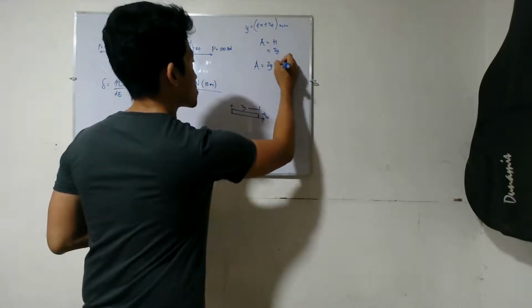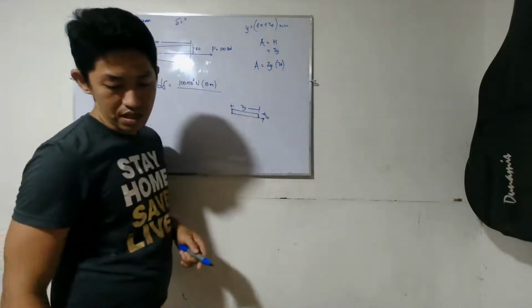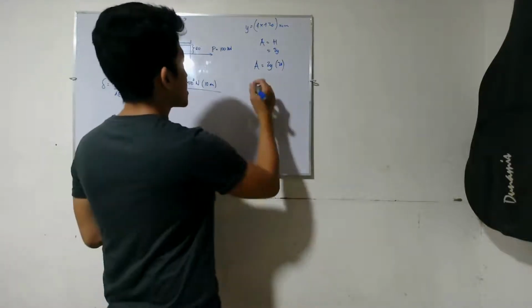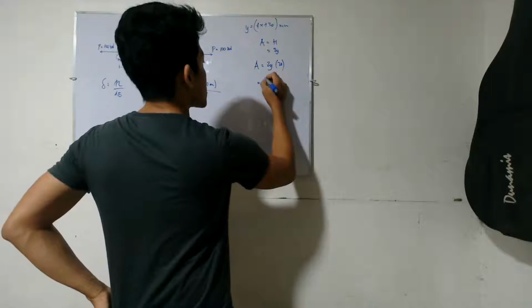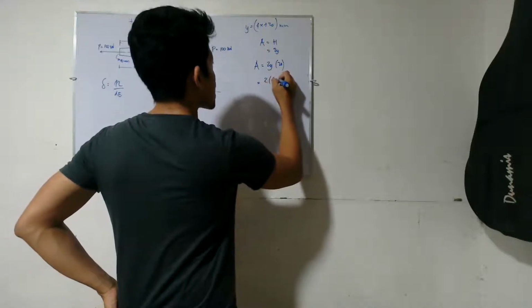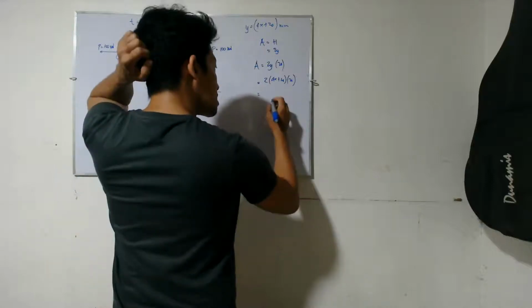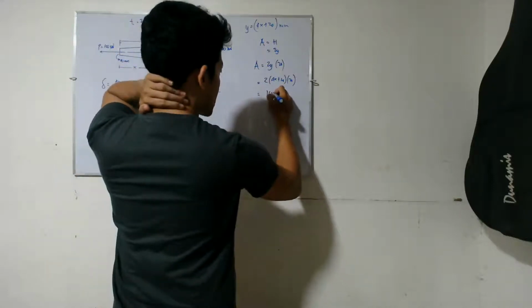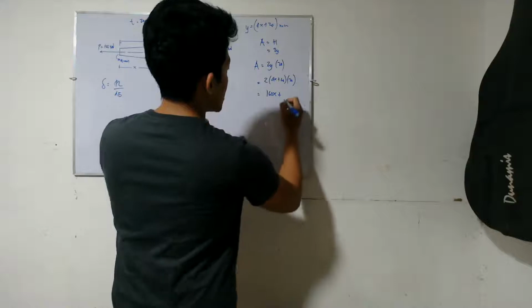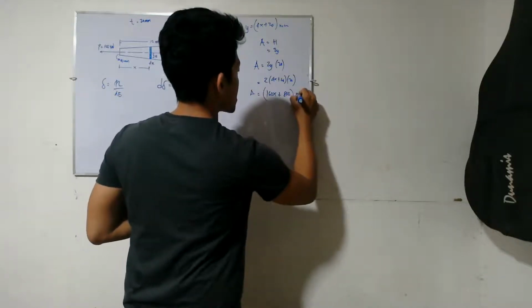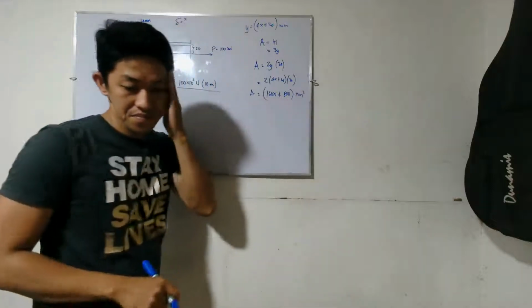Area is 2y times 20. Right. So 2 times 4x plus 20 times 20 is 160x plus 800. Unit is mm squared.